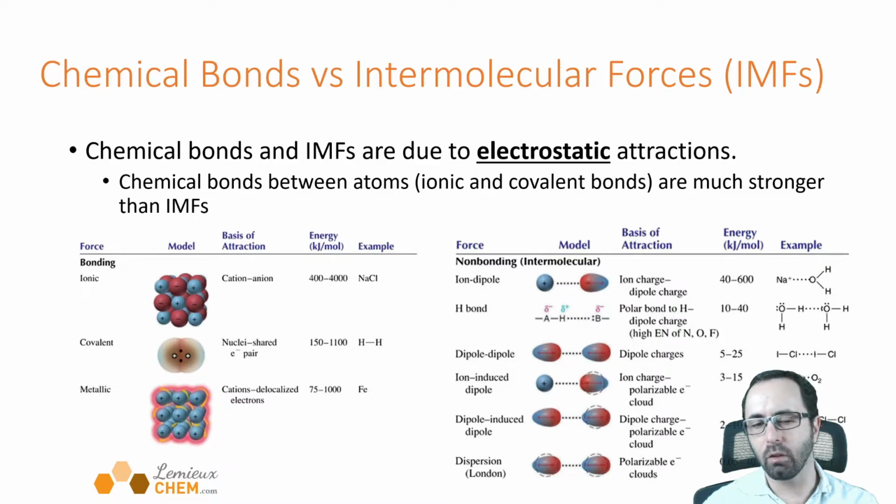The strongest attractions that exist in matter are the attractions between ions. And remember, all these attractions are due to electrostatic attractions between positive electrical charge and negative electrical charge. So it makes sense that ionic bonds are the strongest of attractions between chemical species.